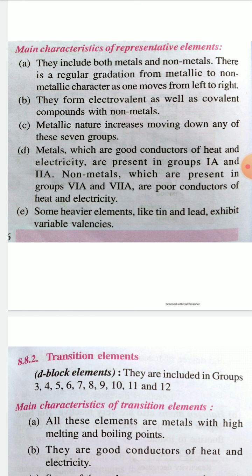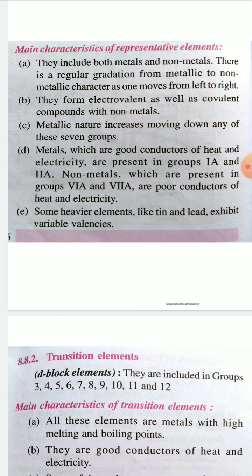They include both metals and non-metals. There is a regular gradation from metallic to non-metallic character as one moves from left to right. In the first point, they include both metals and non-metals. Generally, the elements present in group 1 and group 2 of the modern periodic table are metals, and the elements present in group 13, 14, 15, 16 and 17 are non-metals.